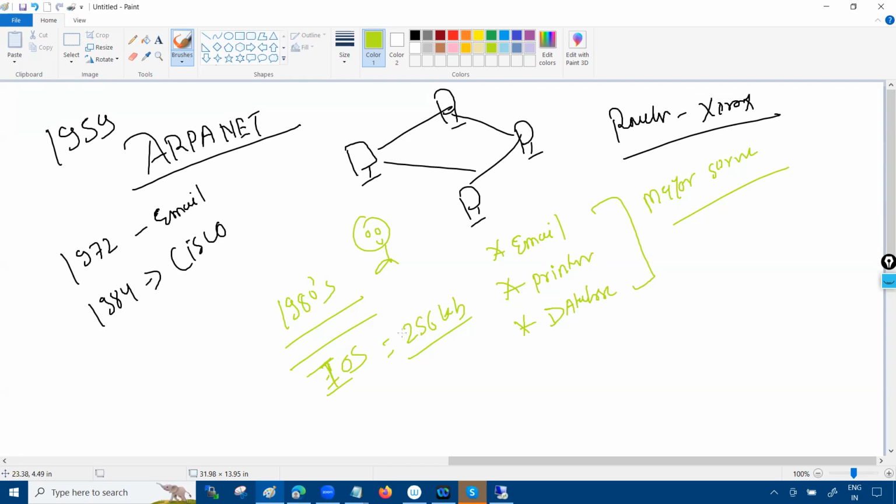Gradually, Cisco made lots of improvements in iOS. They made it 1 MB, 10 MBs. And in the 90s, we had almost 15 million users on earth using internet services, networking services. 15 million is equal to almost 1% of the Indian population right now.